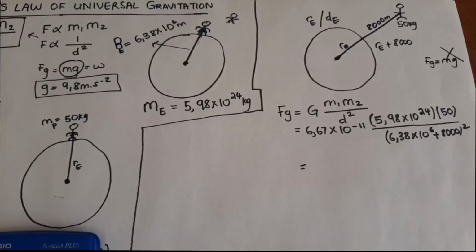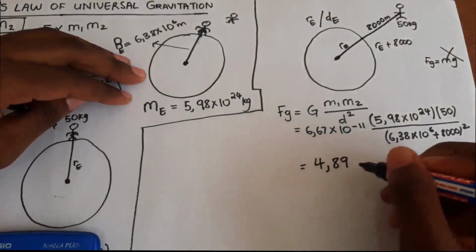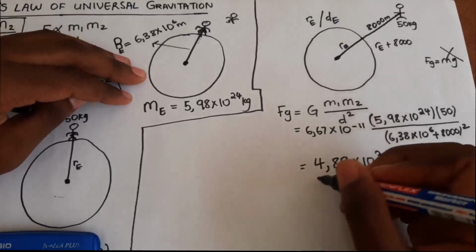That is equal to, my calculator gives me, I don't know yours, 4.89 multiplied by 10 to the power of 2.